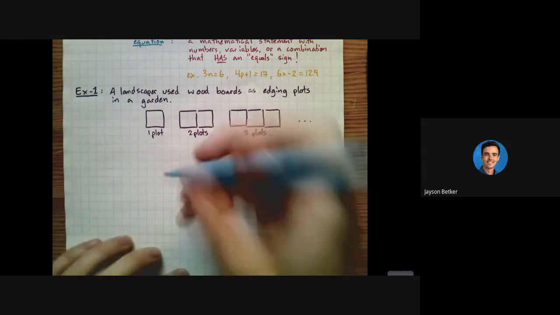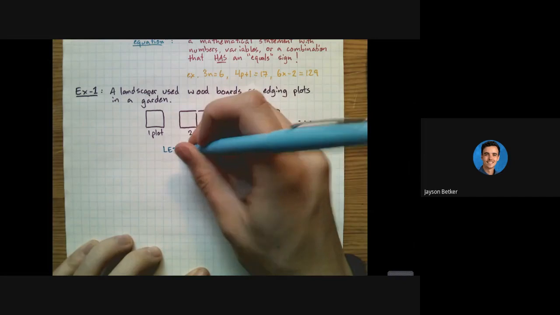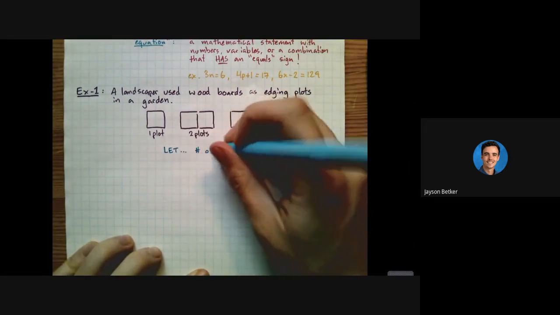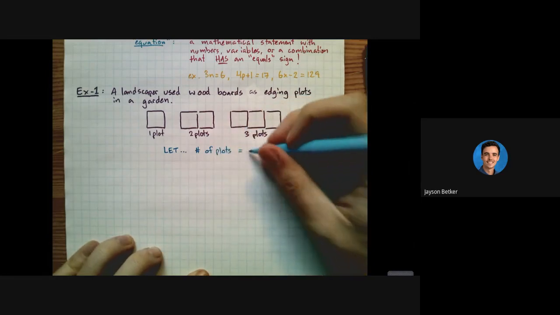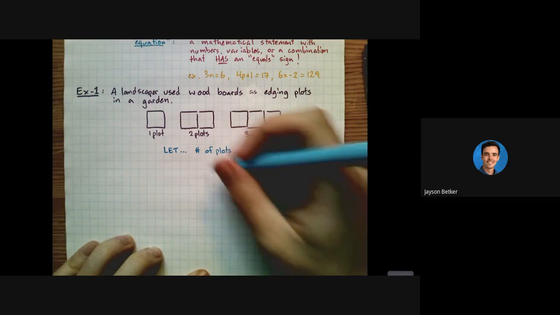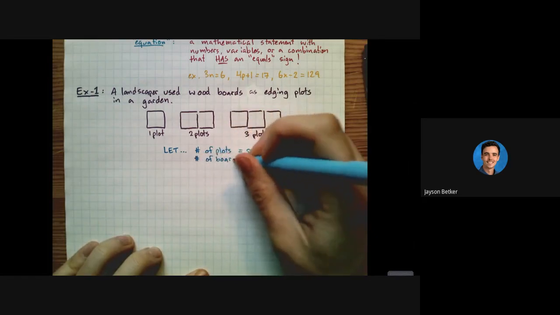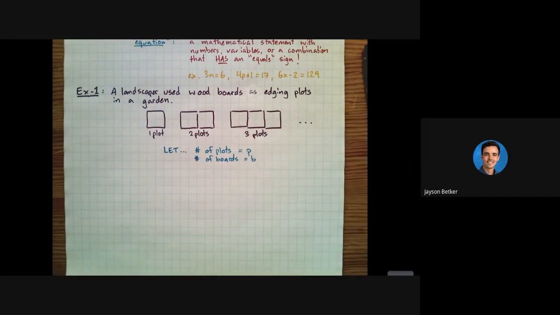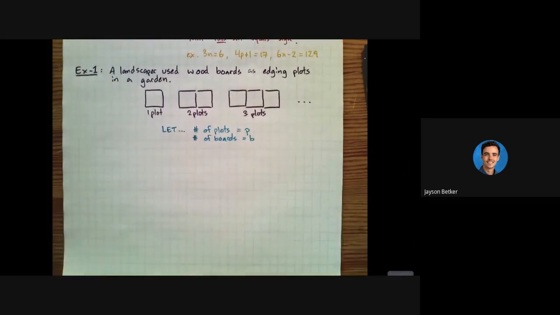First off, let's let the number of plots be P, and then the number of boards we'll call B. That's important. Now, here's our actual goal.